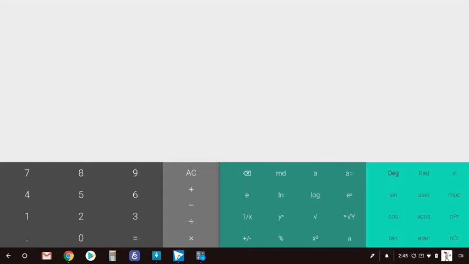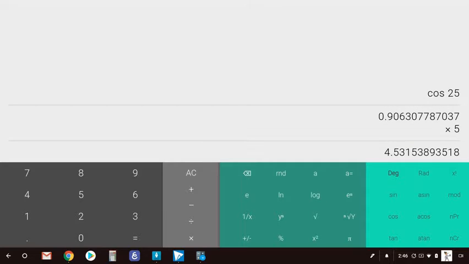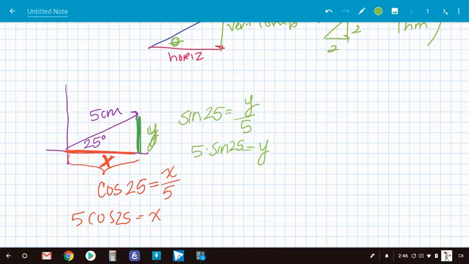To clear this off. If I go cosine of 25, let's see how that works. Do I have to type in 25 first? Cosine, and then we'd hit times 5 equals, so I got 4.53. So my x value would be 4.53.